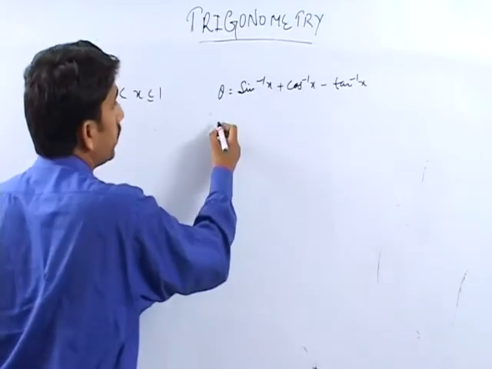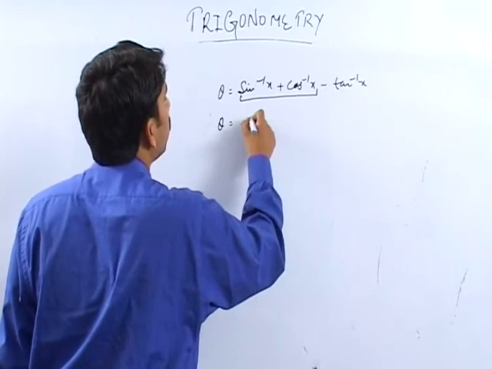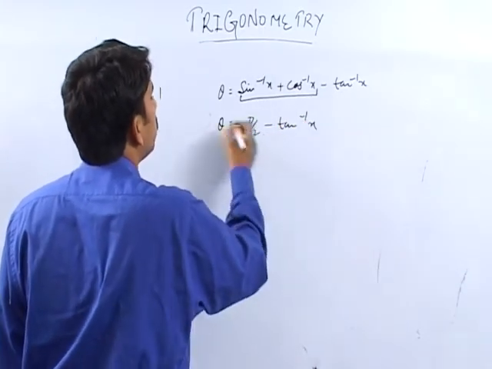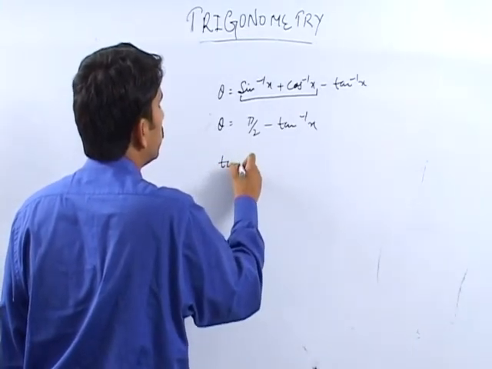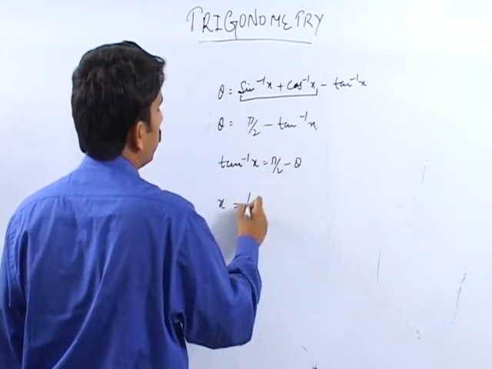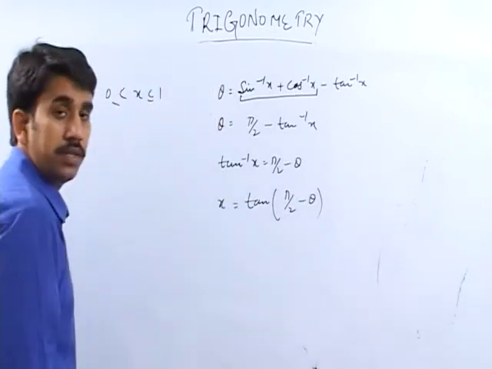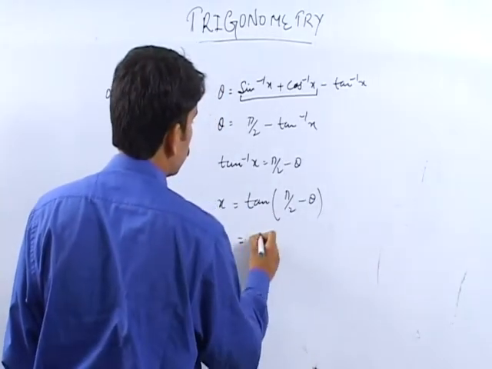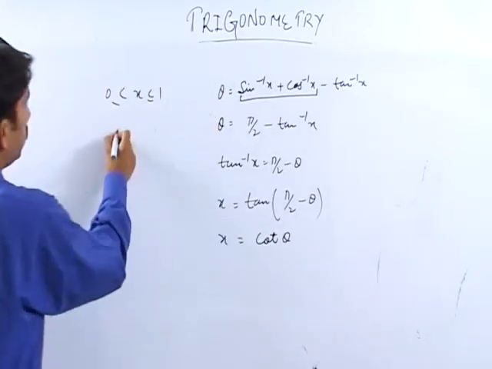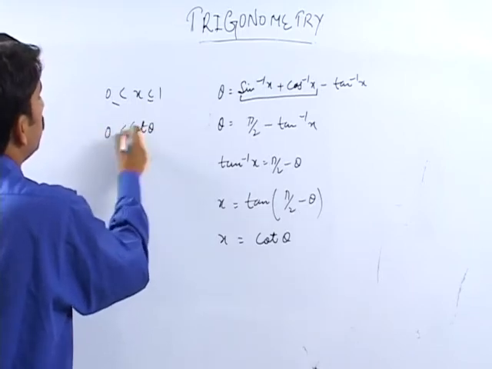So now here you will take, you know that sin inverse x plus cos inverse x is pi by 2 minus tan inverse x, and this will be equal to tan inverse x will be equal to pi by 2 minus theta, and from here x will be equal to tan of pi by 2 minus theta. This will be equal to x is equal to cot of theta. Now since x lies between 0 to 1, therefore cot of theta will lie between 0 to 1.